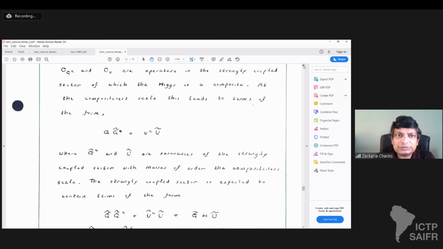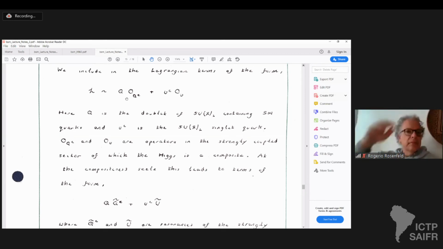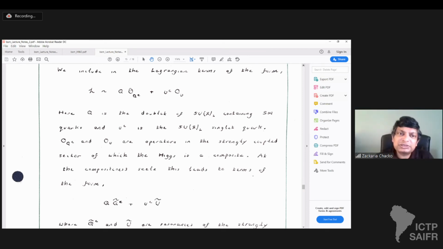So let's say a little bit about that. This O has to be a singlet under the new strong dynamics, because our quarks are singlets under that dynamics.